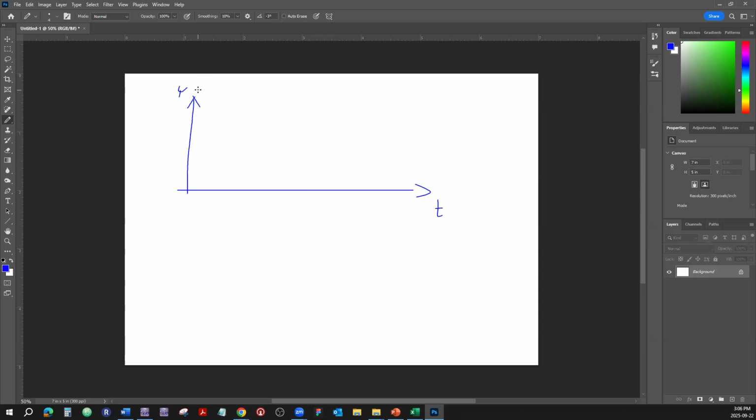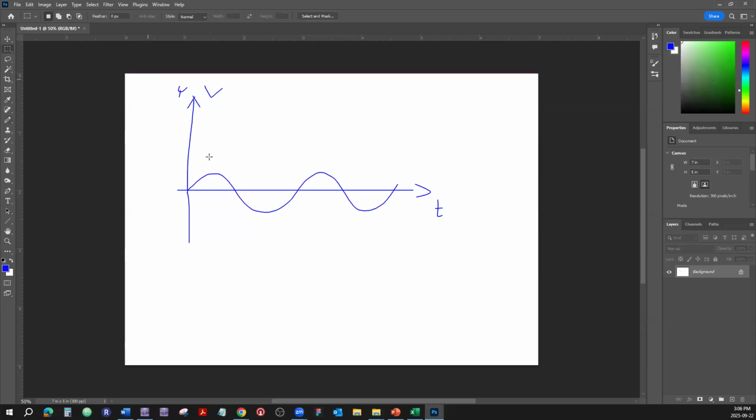It could be voltage, so let's make it voltage here. And if we have a waveform displayed on this graph, it is a waveform displayed within the time domain because the x-axis is time.